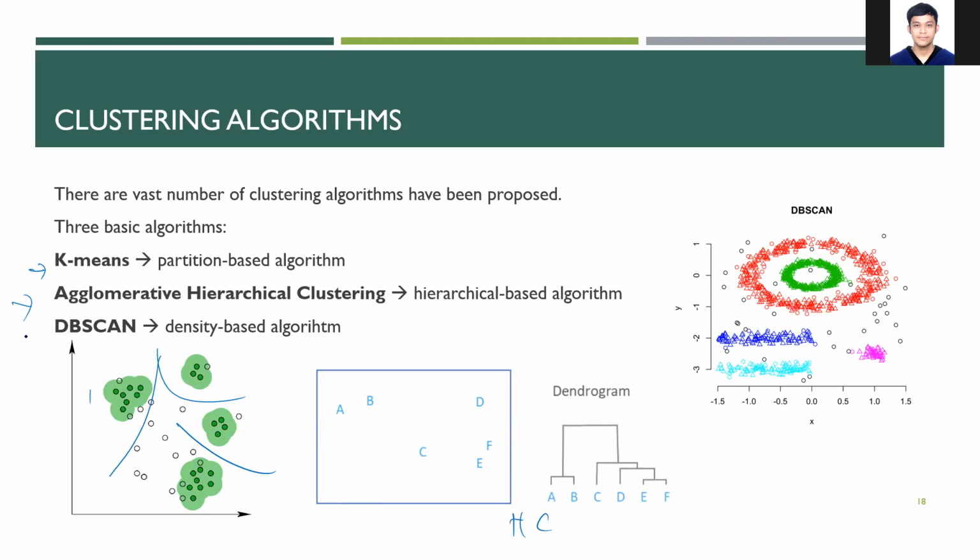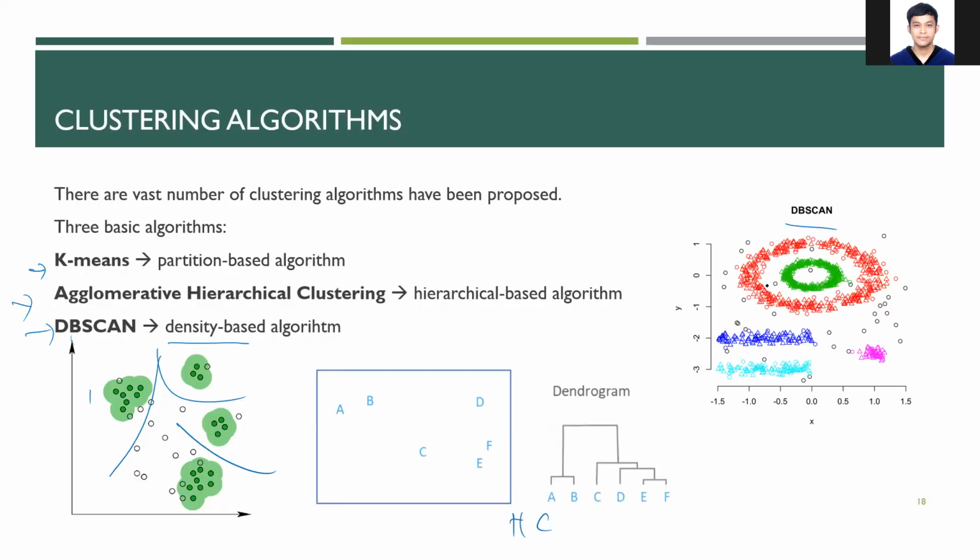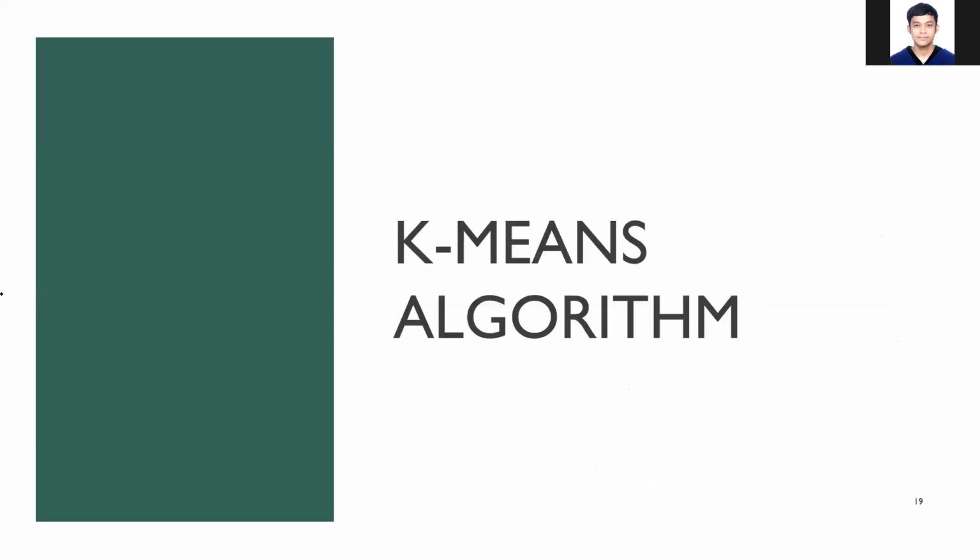And we have DBSCAN, which is special for density-based clustering. DBSCAN will consider the density of each cluster. In this class, I will try to introduce all three: k-means, hierarchical, and DBSCAN. We start from the easiest one, the k-means algorithm.